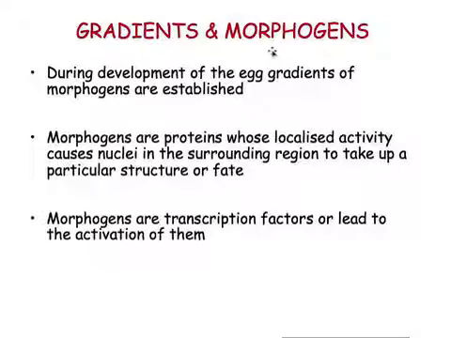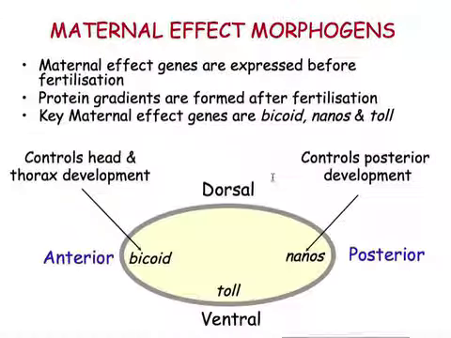Typically, the maternal effect morphogens are messenger RNA derived from the nurse cell. So we have gradients of these morphogens established in the developing larva, and it's the location of these factors that will determine the fate of the cells in that region of the larva. This is a little schematic showing the developing larva.